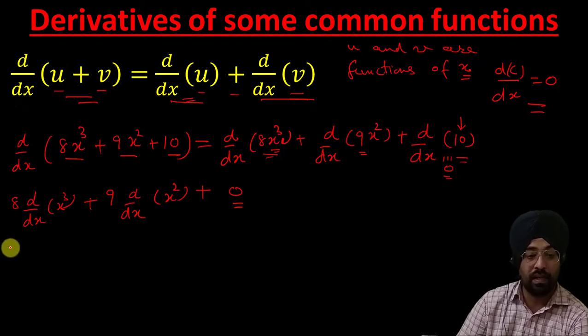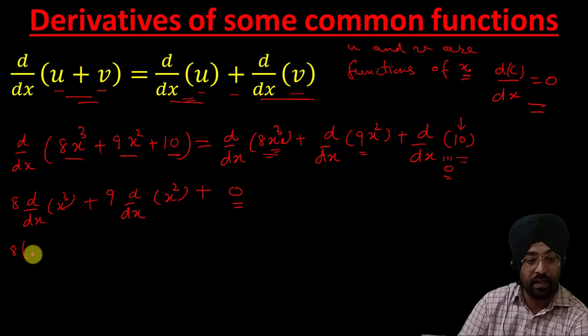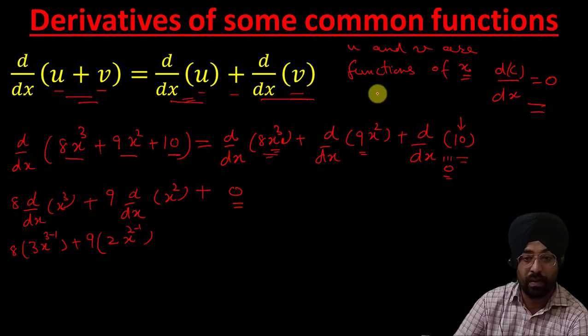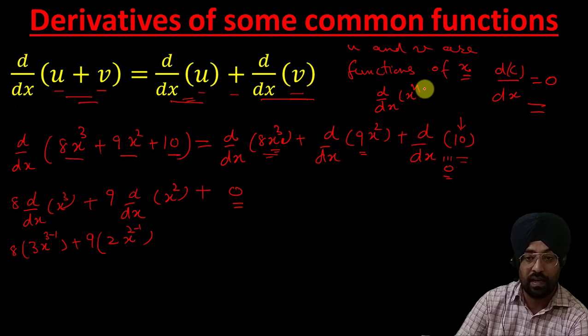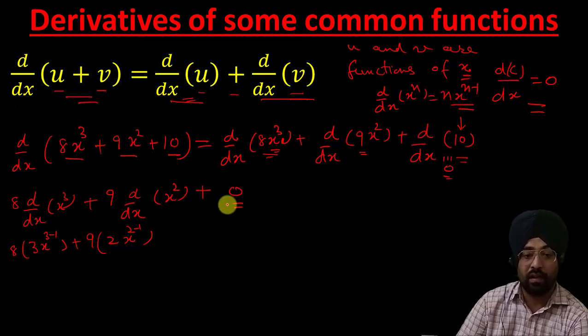Now d by dx of x cube is, 8 into 3x the power 3 minus 1, plus 9 into 2x the power 2 minus 1. We are applying this formula, d by dx of x the power n is equal to nx the power n minus 1.